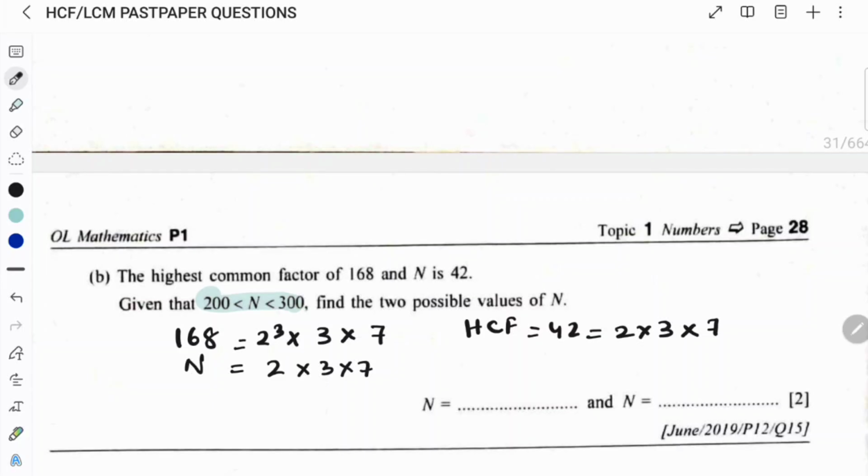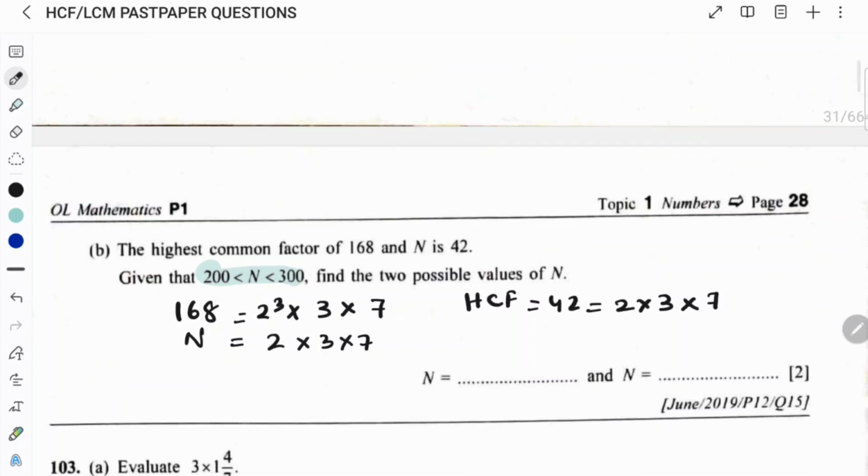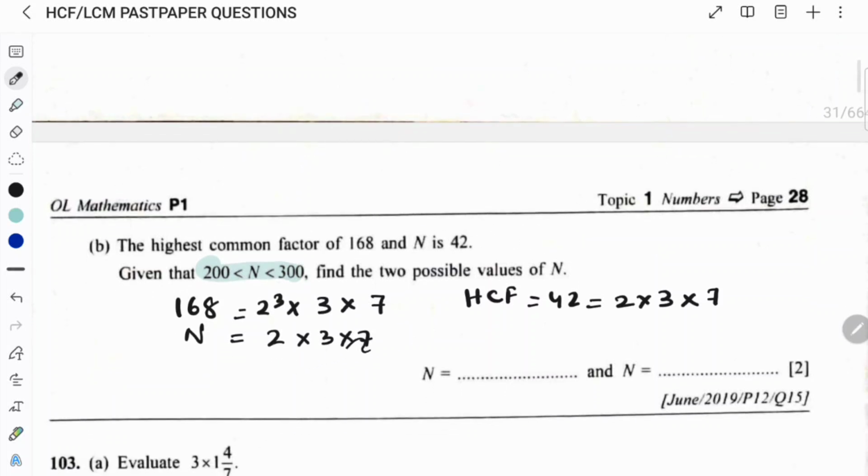Since 200 is less than n and n is less than 300, we are going to find the possible values of n which are between 200 and 300. 3 sevens are 21, and 21 times 2 is 42, which is not in range. So we'll have to increase the number of powers here to get an answer between 200 and 300.